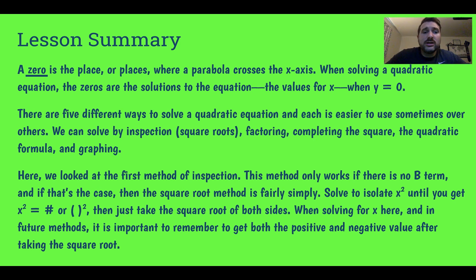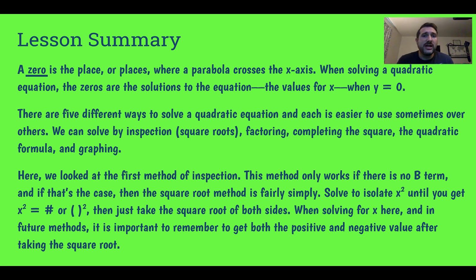So here we looked at a first method of inspection, or taking the square root. This method only works when there is no b term. So even when it was set as x squared equals a number, there's still no b term. And if you find that's the case, then the square root method is pretty simple.